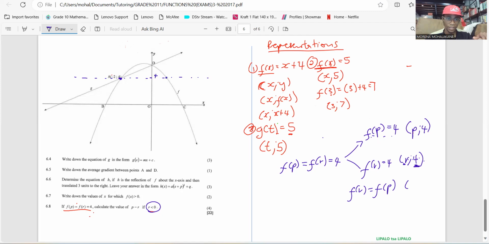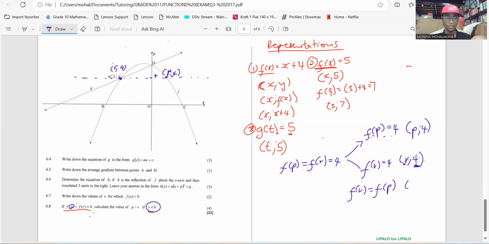It means on this line I'm also going to have 4 on these coordinates, but I don't know the x value. So now I know that here I have p, and then here I have r.